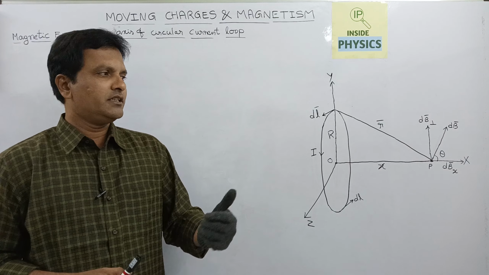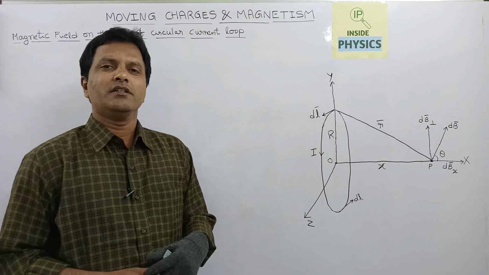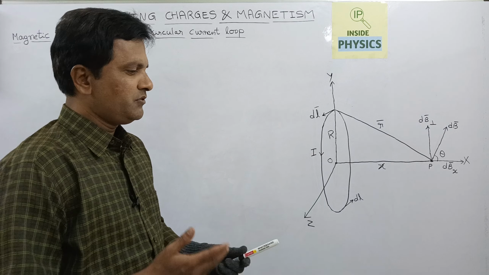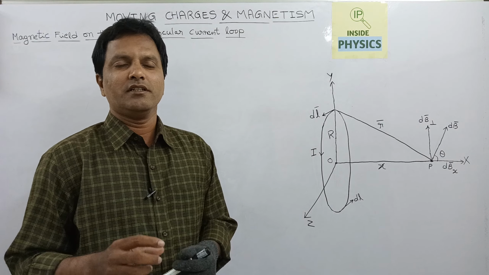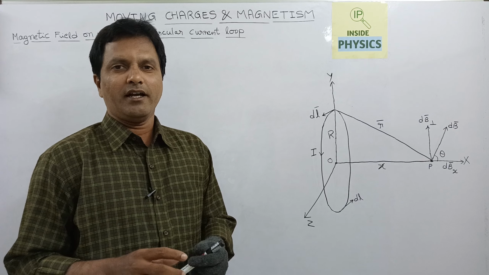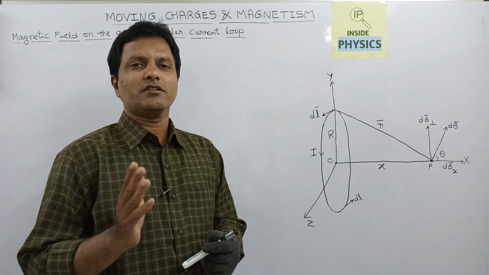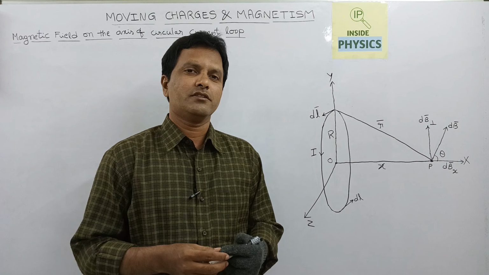This is a topic in the moving charges and magnetism syllabus. Prior to this class, we have discussed the Biot-Savart law and the current carrying conductor, and how much magnetic field is developed by using the Biot-Savart law.